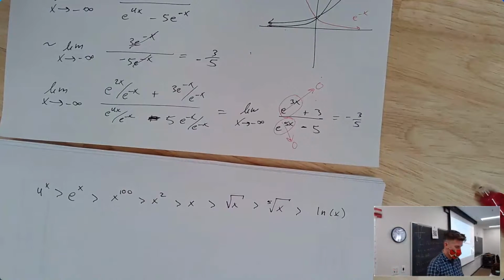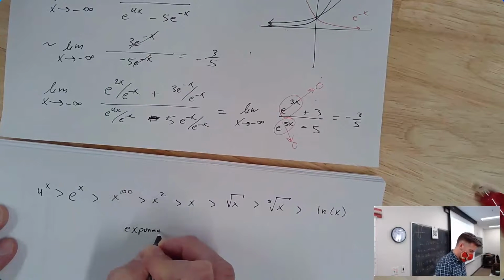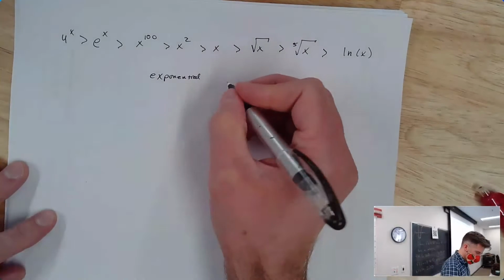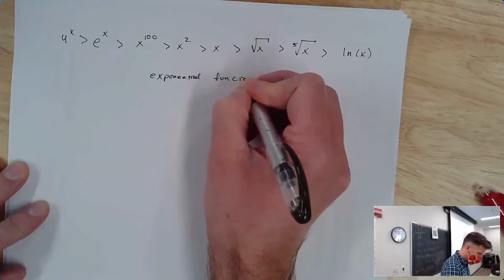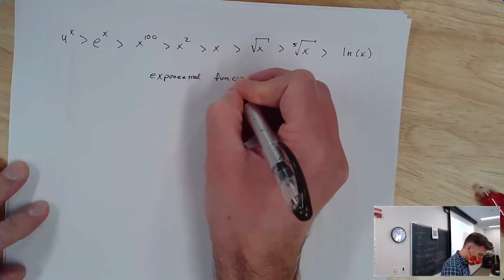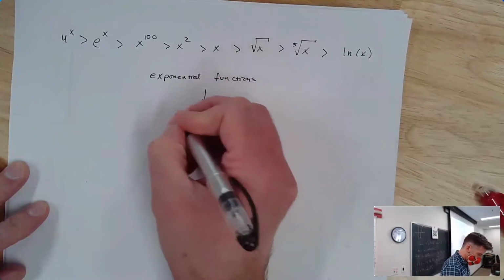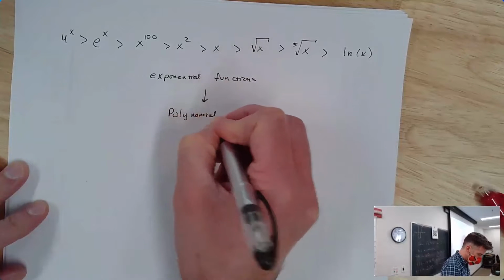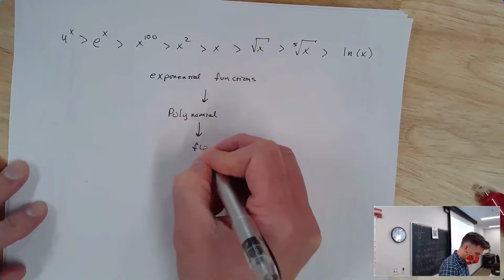So here's the way I think about it. Exponential functions grow the fastest. Exponential functions dominate polynomial functions. Dominate f of x equal to x.